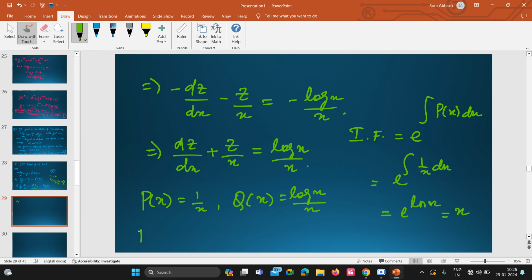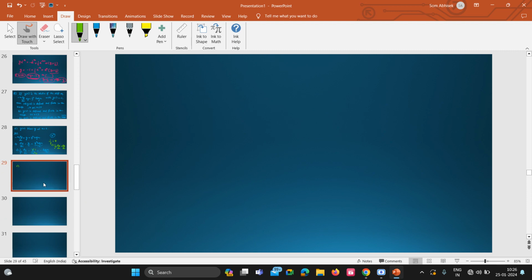So integrating factor into z is equal to integral of integrating factor into Q dx plus c.